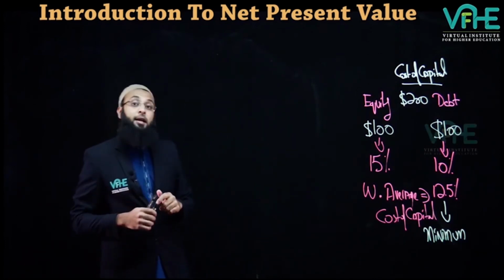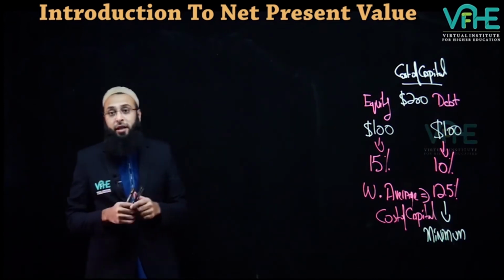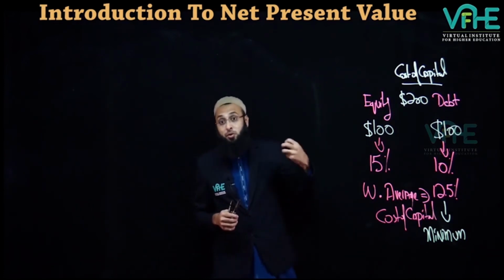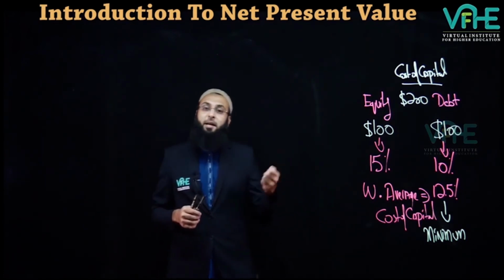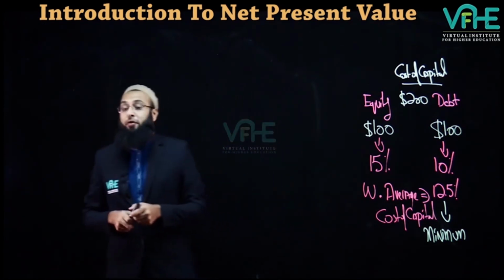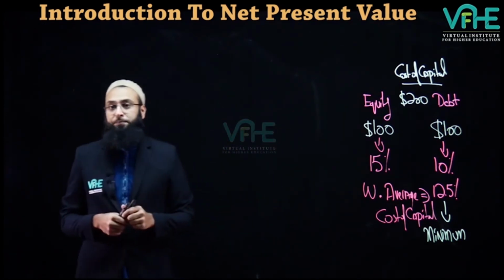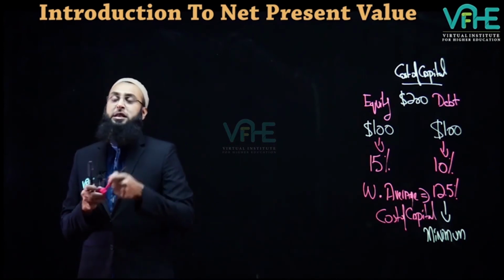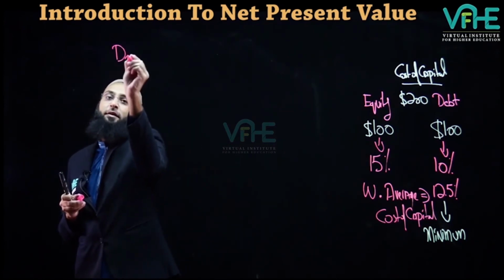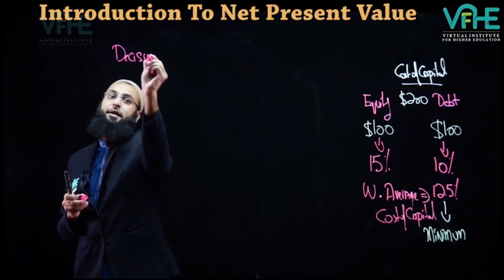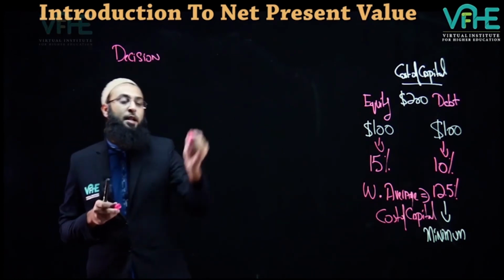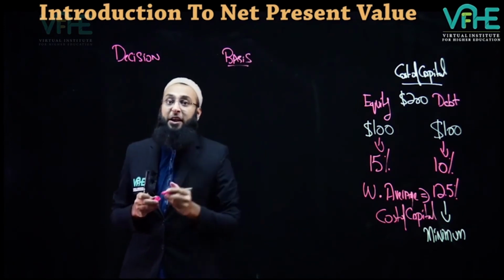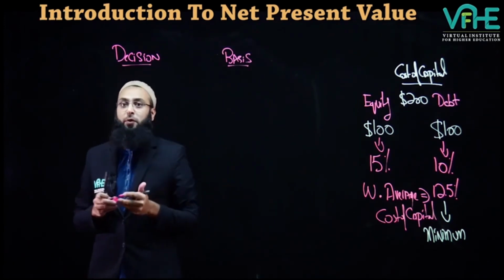So coming to the next important area, the decisions that a business needs to take on the basis of NPV. Now there are different possibilities and, yes, different decisions. So first, if I write here the decisions that the business will take, the rationale behind that is what we need to discuss as well.